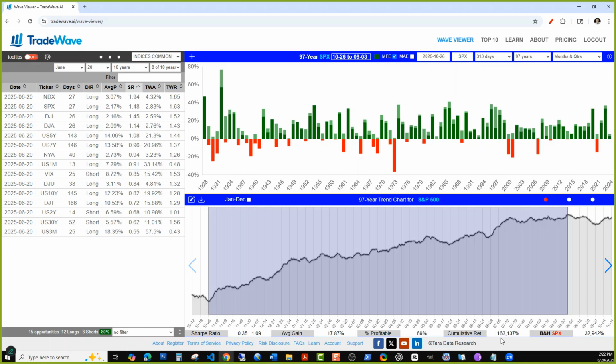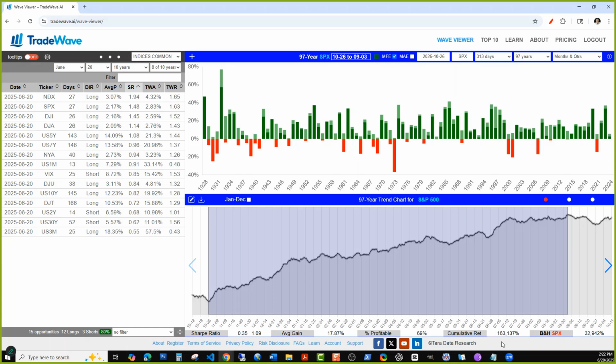The cumulative return went from 32,942% for buy and hold to 163,137%, which is a 5x return over 97 years.